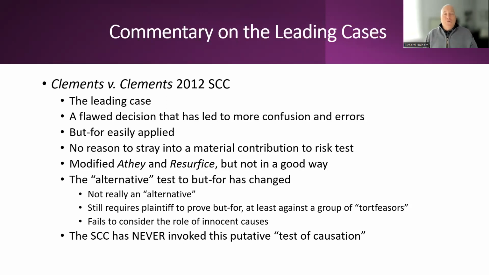So even if you could prove a causal connection between wrongful conduct and harm, if you can't demonstrate proximity or you can't demonstrate foreseeability, legal causation would operate to deprive the plaintiff of the remedy. In other words, causation is established, but you still can't get your remedy. So legal causation, to my mind, is something that is liability limiting. The legal causation of Clements, however, is liability expanding.